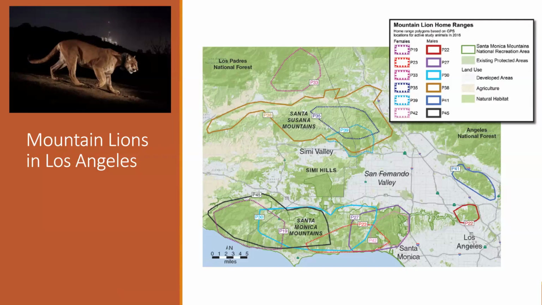We can also see that the habitat they use is mostly natural habitat, but it does come down into the edges of urban neighborhoods. So there's the potential for human wildlife conflict in these areas, although the mountain lions typically don't interact with humans unless they're old or injured. And that happened with this animal P22 when he got really old and possibly sick, injured.